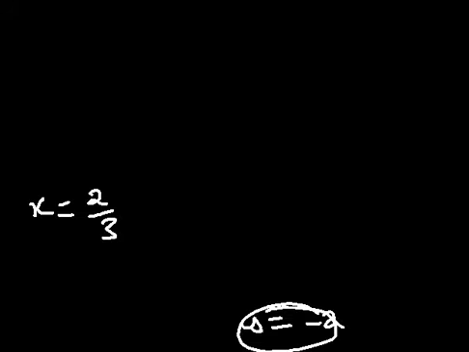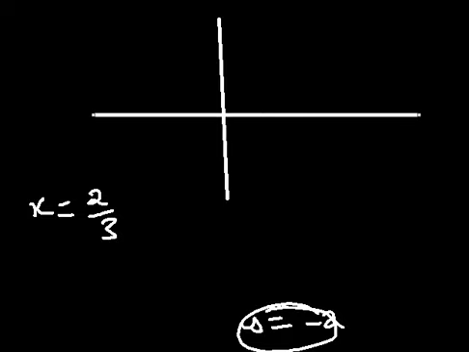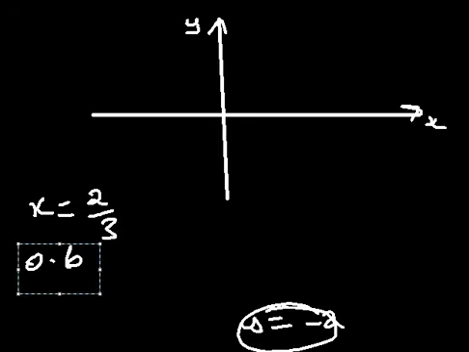This is the y-axis and this is the x-axis. The x-intercept, 2 over 3, is about 0.6, so it can be somewhere here.